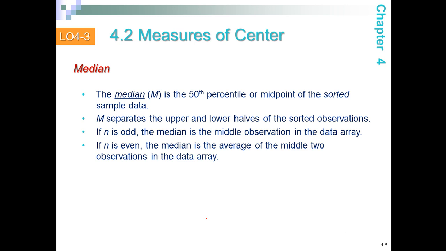So if we do have an extreme value, way out there, Michael Jordan's salary, for example, it doesn't get the same opportunity to pull the measure of center up as it did with the mean. So you could have a maximum value as big as you like, and that's not going to change the median.